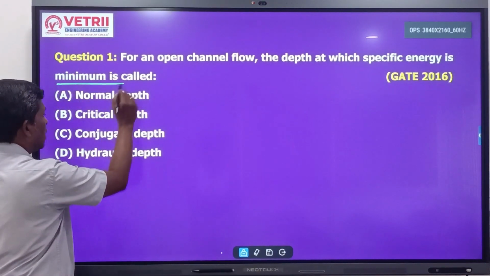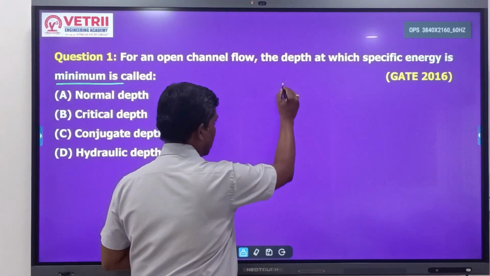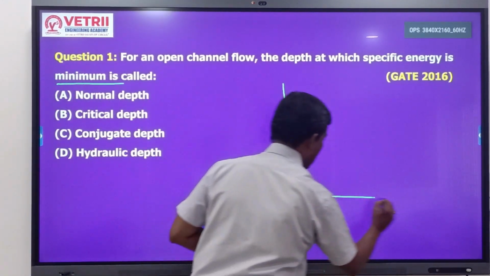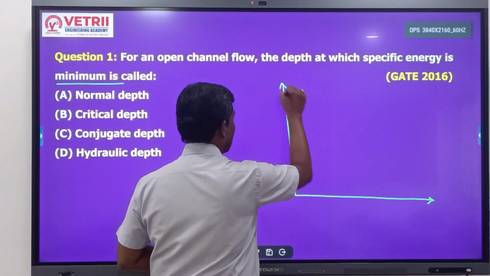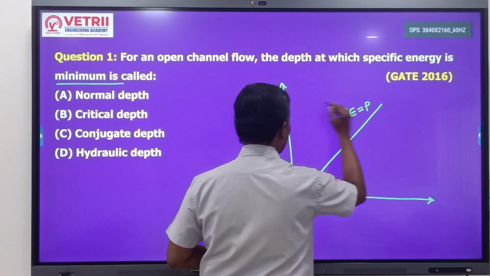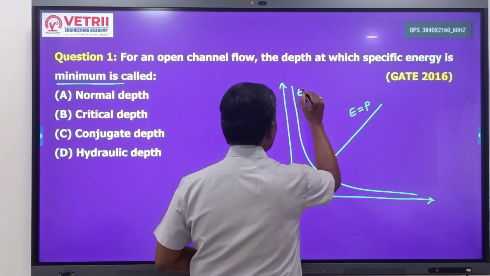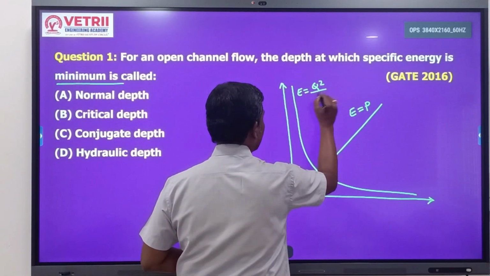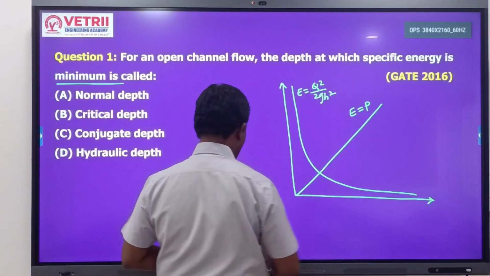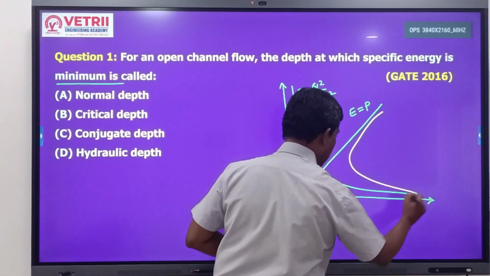Just now we have drawn the specific energy curve, where E is equal to H plus Q square by 2g H square.